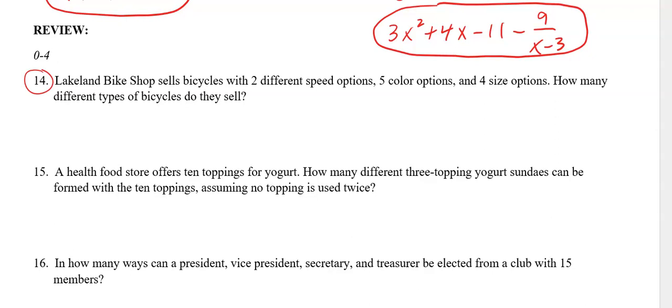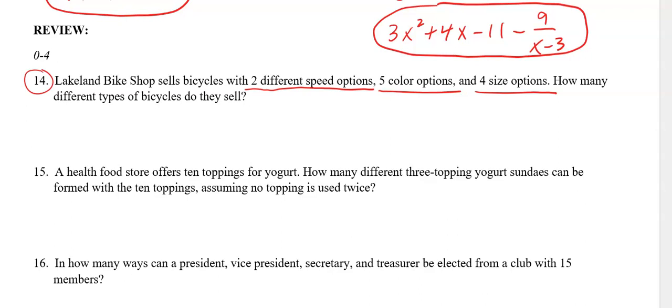So you're going to have to understand what makes a problem so that I have to apply the fundamental counting principle. Well, the thing that gives number 14 away is I'm giving you all of these different options. Notice there's bikes are broken up into different speeds, different colors, different sizes.